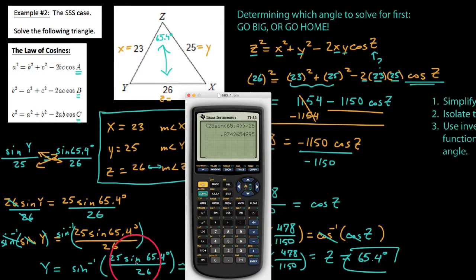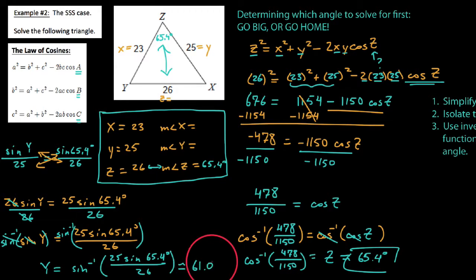So our inner decimal here is about that, and we're going to do the sine inverse of our answer, and that gives us about a 60.95 degree angle, or about a 61.0. So 61.0 degrees. We'll go put this up here for angle y, 61.0 degrees. We'll go put this on our picture, 61.0 degrees.